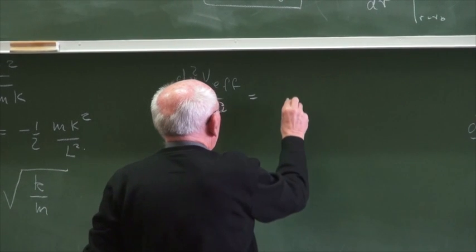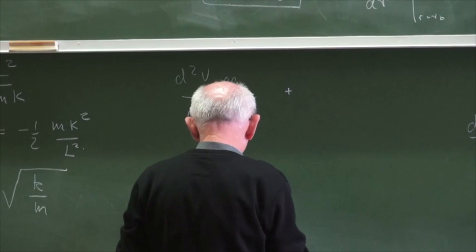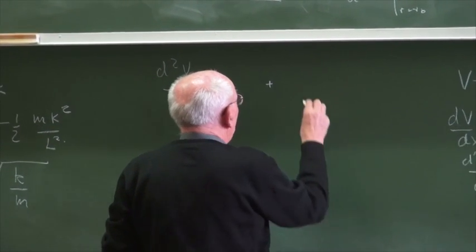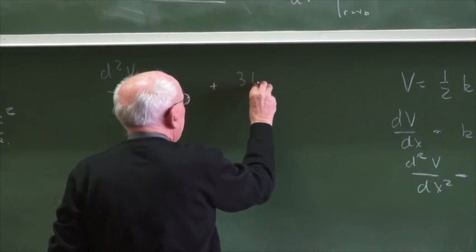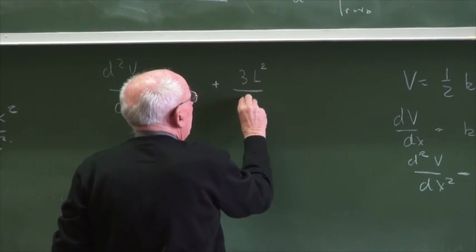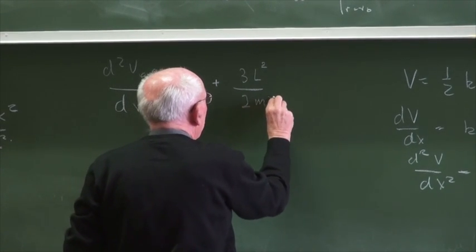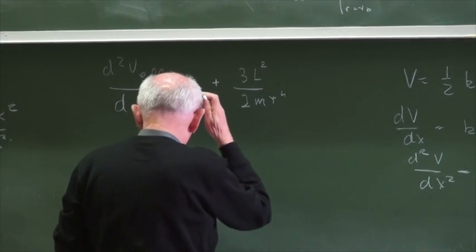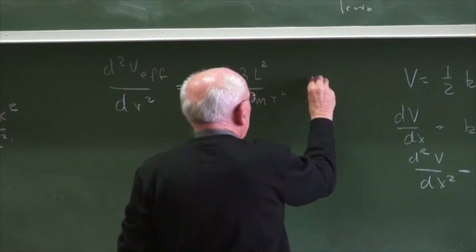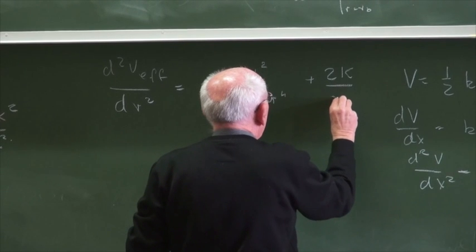This is now plus 3L squared over m r to the fourth, and then plus 2k over r to the third.